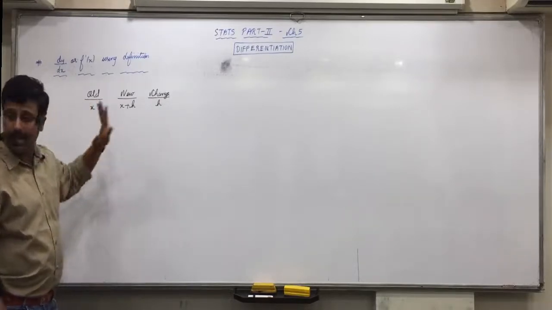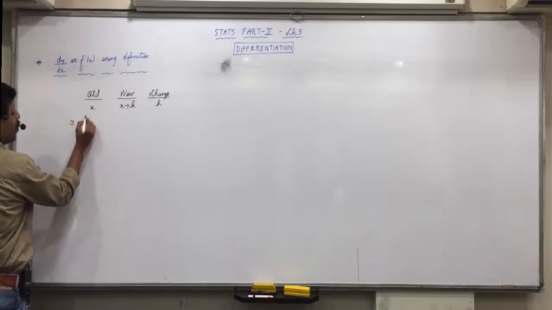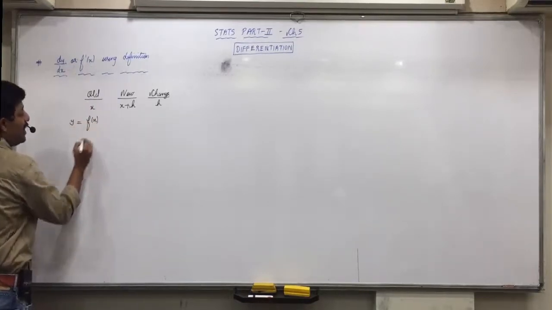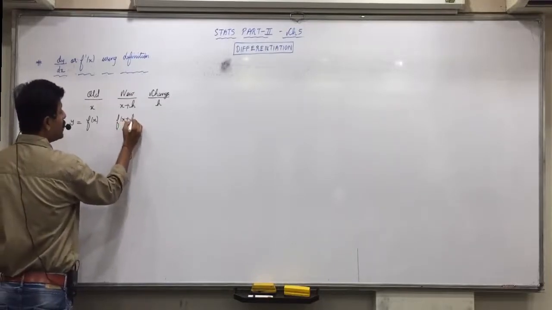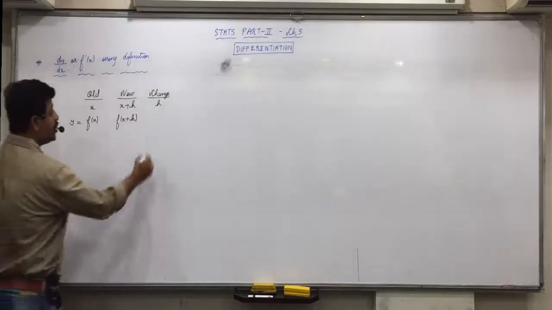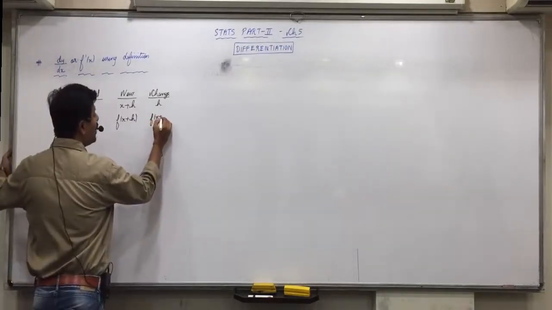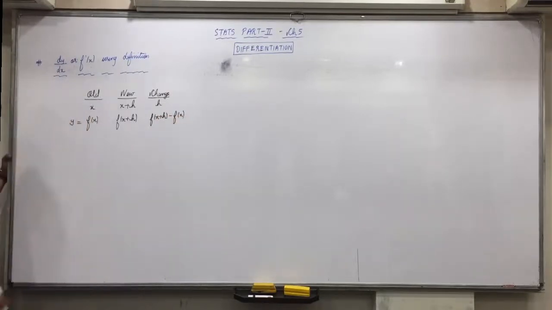What is the change? h. Now y for the old value will be f(x), for the new value will be f(x plus h). And the change would be f(x plus h) minus f(x).